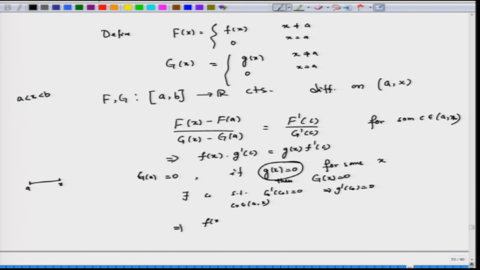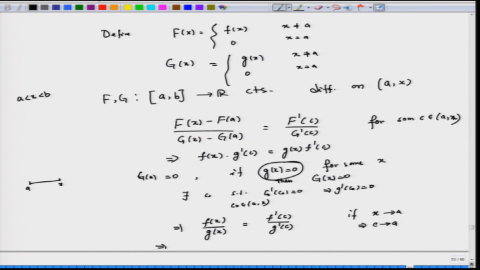So, F of x by G of x is equal to f prime of c divided by g prime of c, and where is c? c is lying between a and x, so if x goes to a, then c will also go to a.